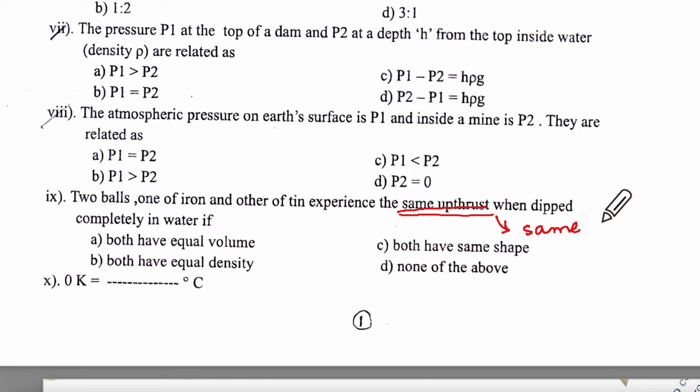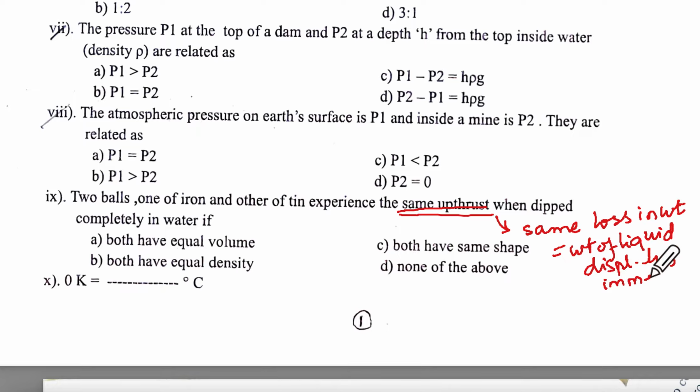What is upthrust equal to? Upthrust is equal to loss in weight, which is equal to the weight of liquid displaced by the immersed part of the body, correct?